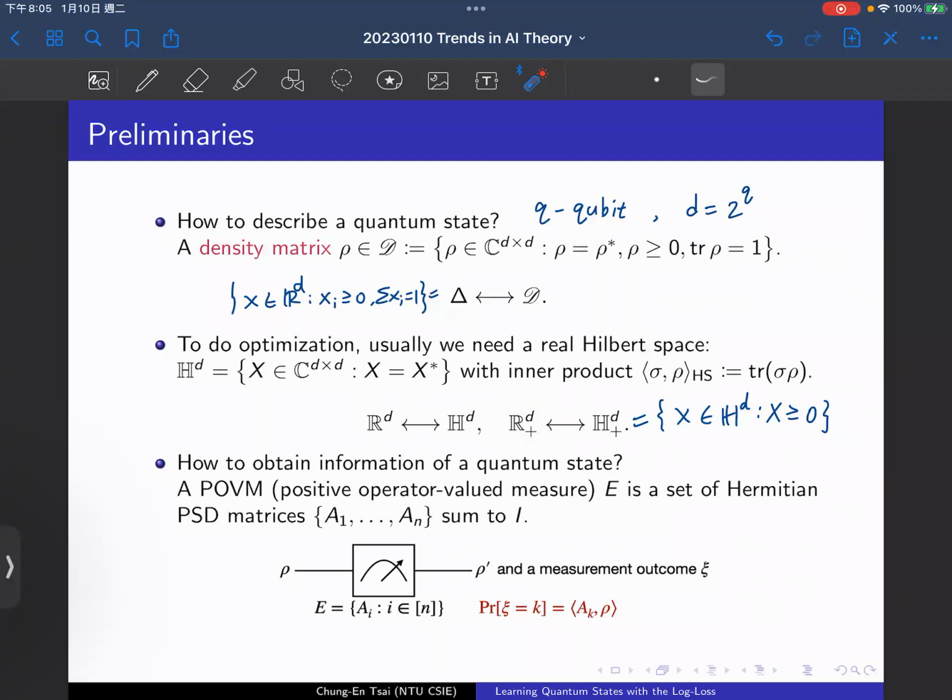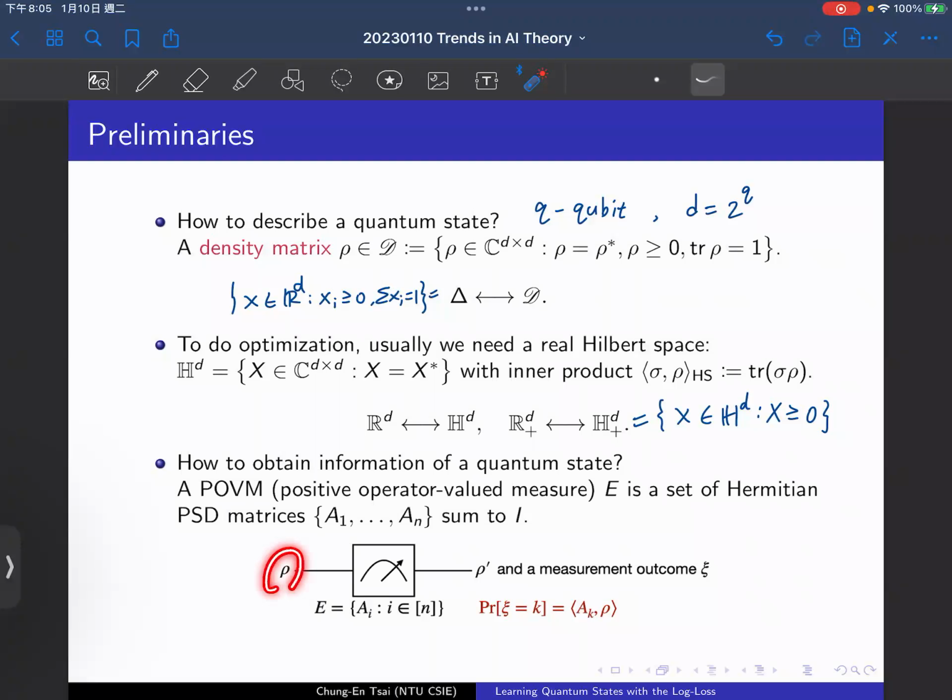And the last thing to introduce is, since we are considering learning a quantum state, we need some method to obtain information from a quantum state. In physics, to obtain information from a quantum state, we do a measurement on the quantum state.